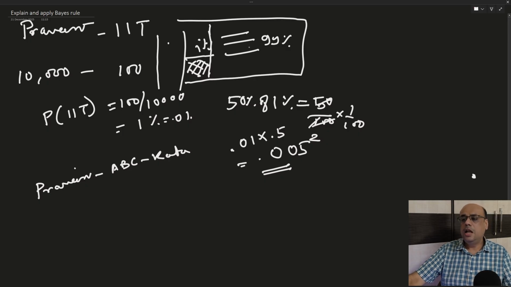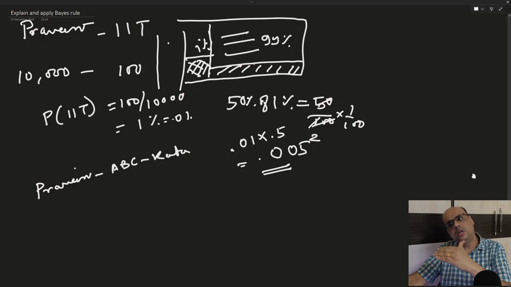Now, out of this 99% who could not make it to IIT, there would still be students who have taken coaching from ABC. Let us take, for the sake of this, maybe 30%. So 30% of this 99% are students who could not clear, but they had still taken coaching from ABC.